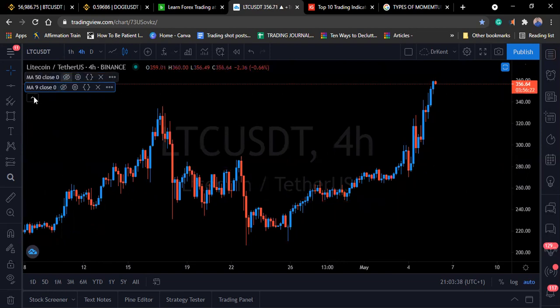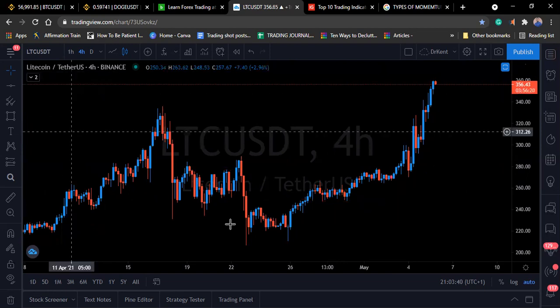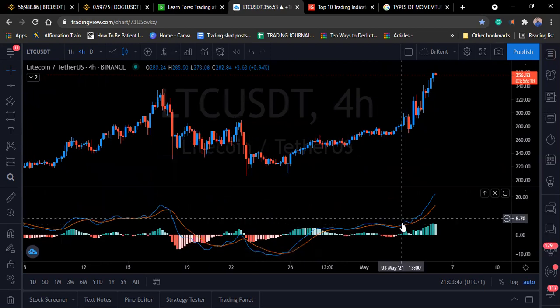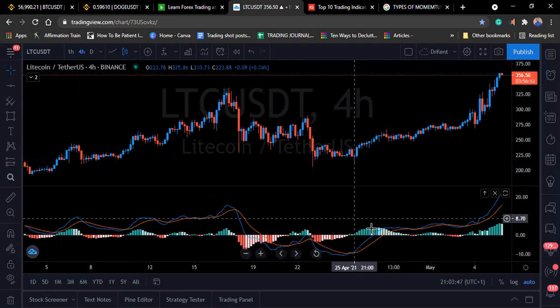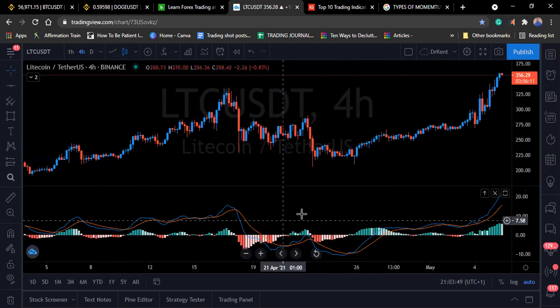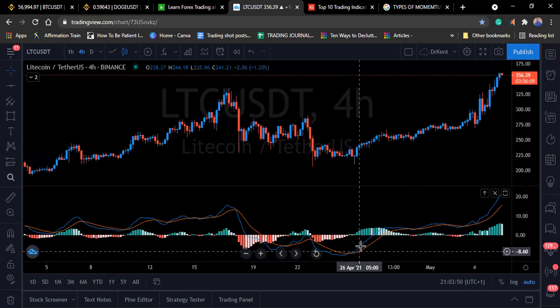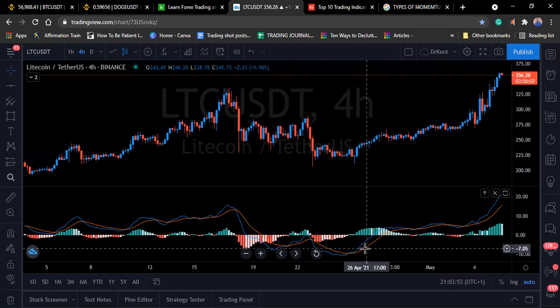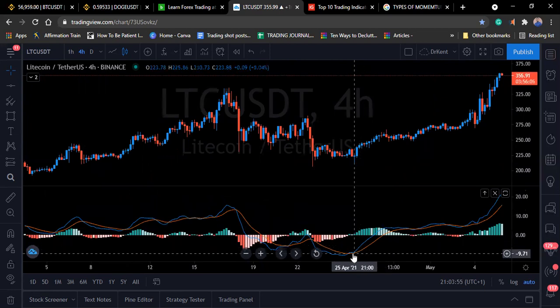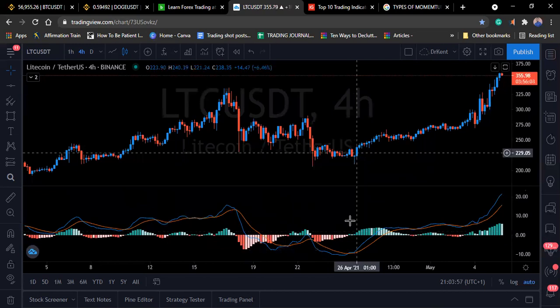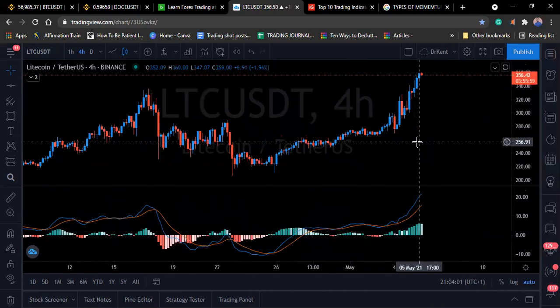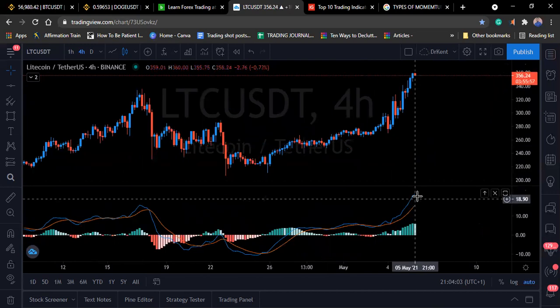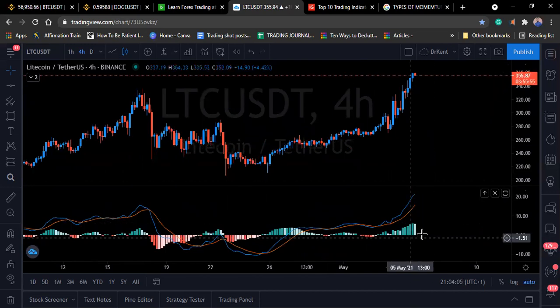You could decide to use another indicator down here called an oscillator. This is the MACD. So you could decide that whenever this blue line crosses over this red line here, you're going to buy this market, and you stay in the market until these two lines cross back below this zero line.